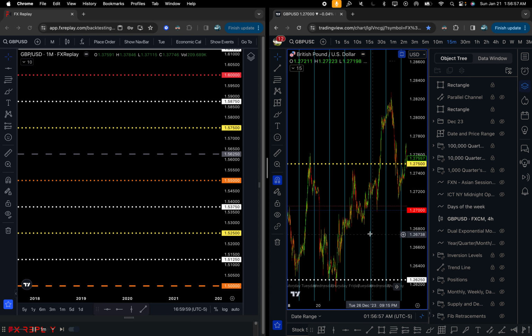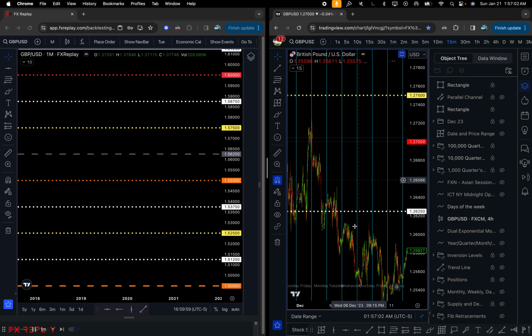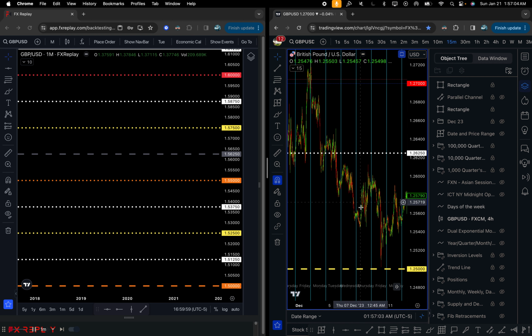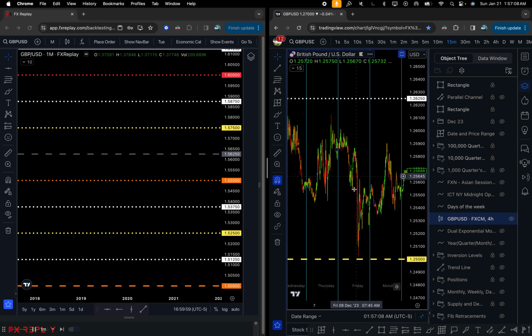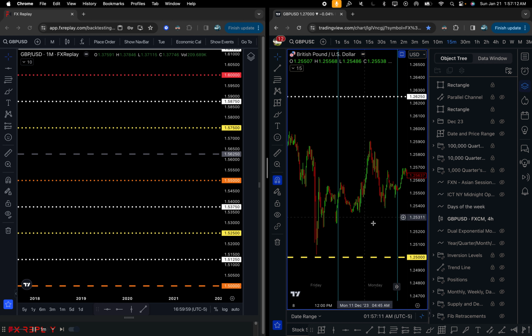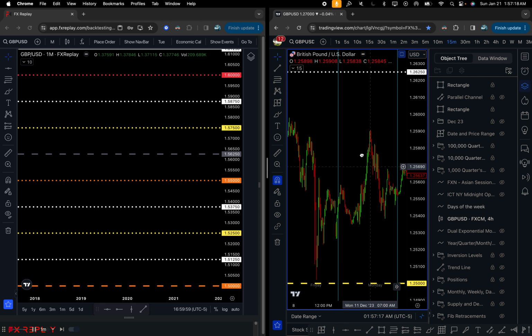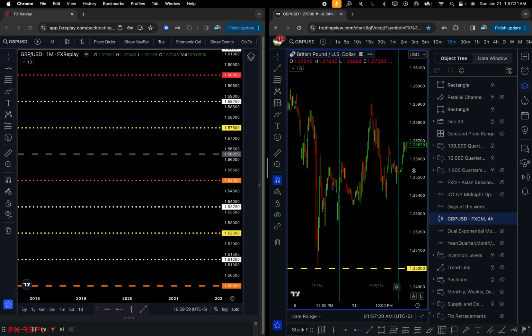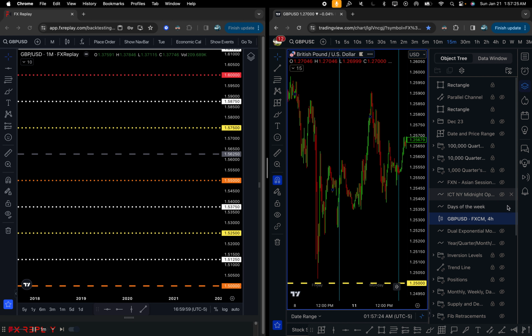We got to get away from that 27, otherwise it's not going to look right. All right, so let's say we're right here. We're between the 1.25 and the 1.26. That's going to be our 1,000 quarters theory levels. So let's pop those on there.